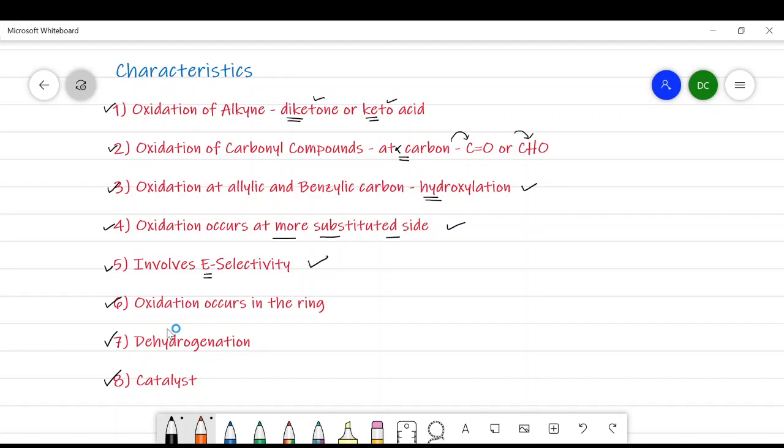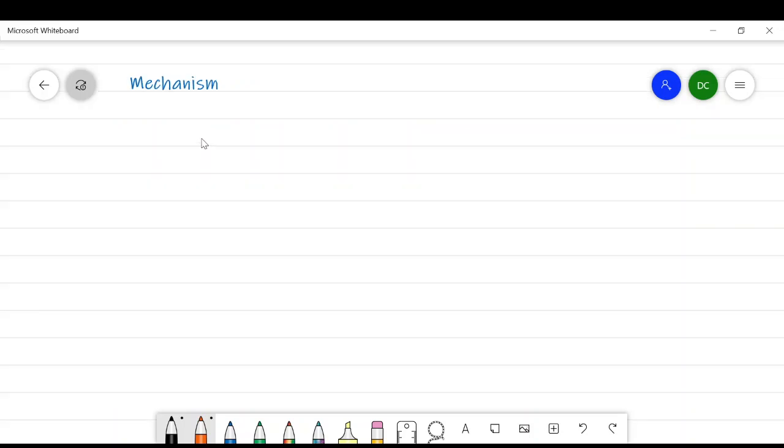So the next part is the mechanism of SeO2 oxidation. To understand the mechanism of SeO2 oxidation, let us take the example of allylic hydroxylation, and for that purpose, I will write here the compound that is CH3, which is attached with the CH, which is further attached with the CH2.